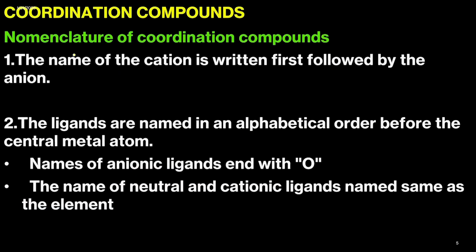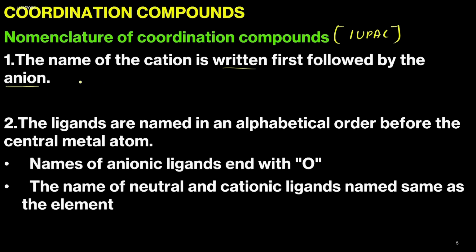Now, we will look into nomenclature of coordination compounds according to IUPAC. The first point that you have to consider is the name of the cation is written first, followed by the anion. That means the name of the cation should be written first.